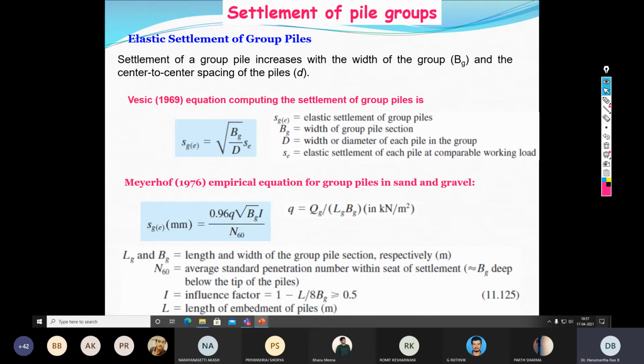Some may relate settlement with in situ techniques like SPT, RCPT, RSCPT, DCPT, etc. So don't get confused. You can use any of the equations. However, you have to look for the validity of such equations. For example, Vesic has proposed this equation and Meyerhof has given this empirical equation. Meyerhof has related the elastic settlement of the pile group with the SPT value.